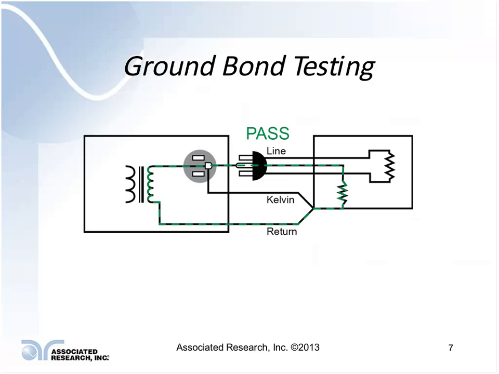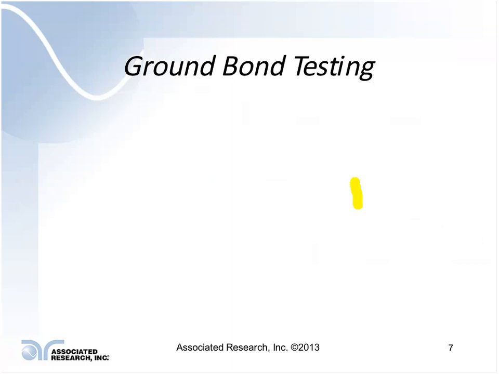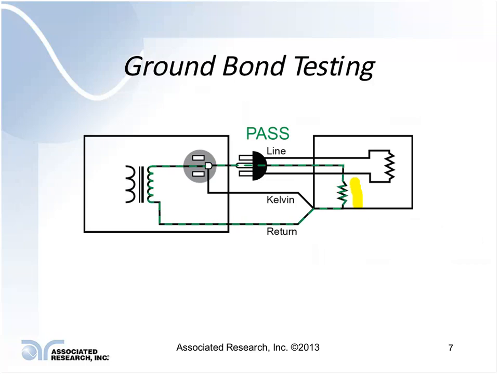It could just be a straight wire, but just for the purposes of this example, I'm going to say a three-prong plug. We're going through the ground wire, and here you can see we have our low impedance path to ground. It's going through there and returning to the current source, and in this case we have a pass. It's very simple what's going on with a ground bond test.